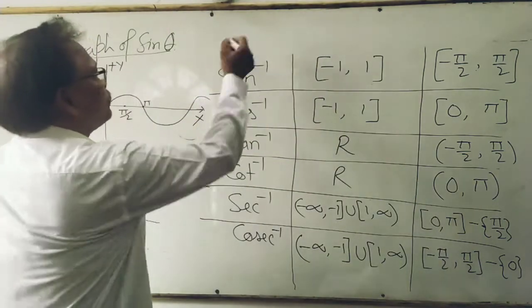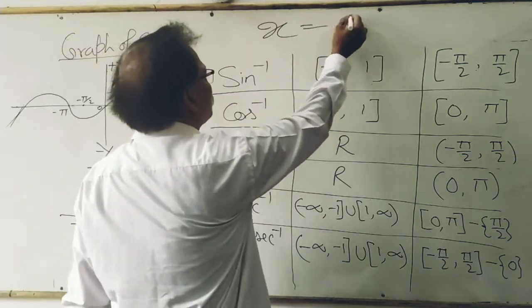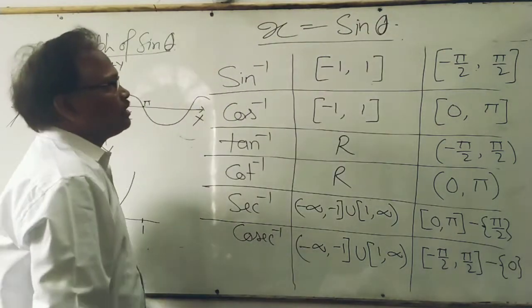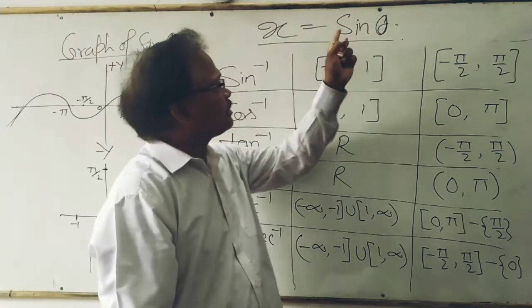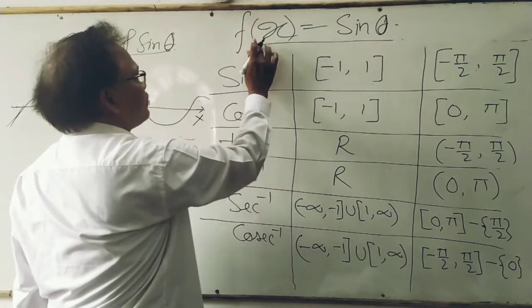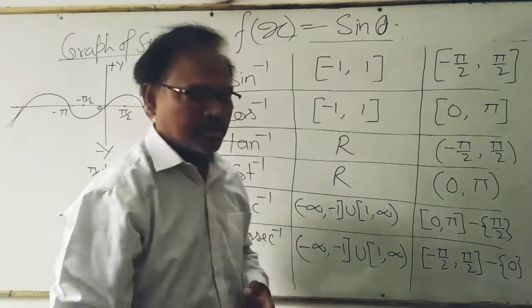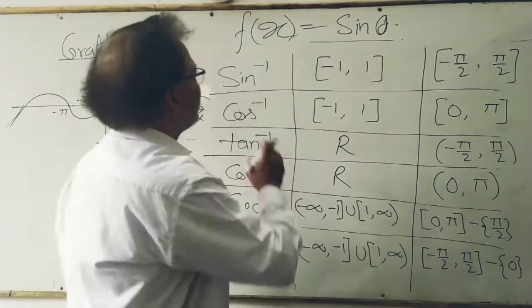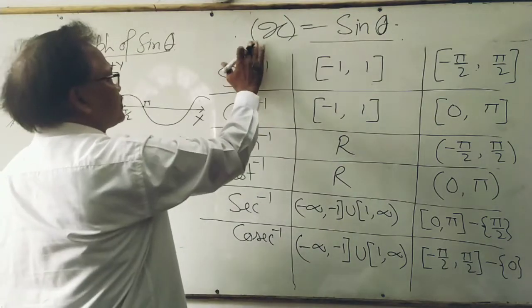And if x is equal to sine theta, for example, or you can say the function f(x) is equal to sine theta. हम f(x) is equal to लिखे या x is equal to लिखे, एक ही बात है. तो अभी हम पहले इसको x is equal to लिख रहे हैं.